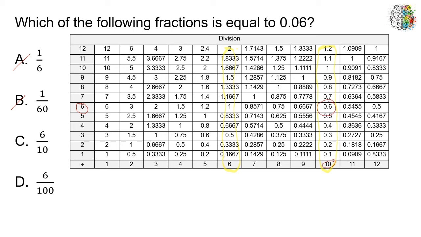So that would tell me that C is 0.6, which is also not quite the answer, but it's pretty close, so we can assume that if I divide by 100 instead of dividing by 10, that's going to move that decimal over 1 more place, and I'm going to end up with my answer.